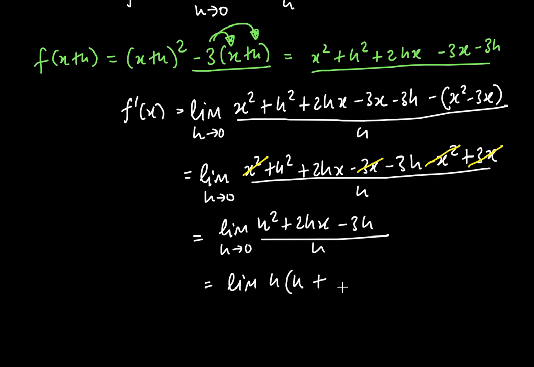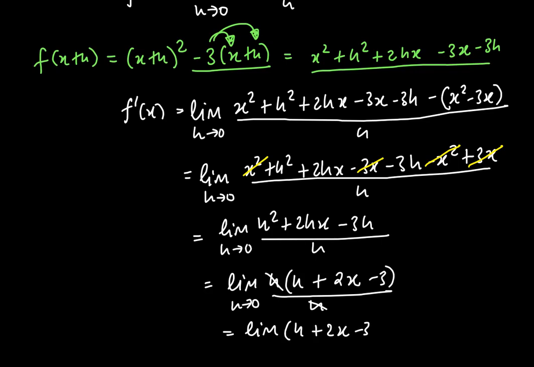I took out h, I'll be left with 2x. I took h, then I'll be left with only negative 3, all divided by h as your h approaches 0. Then this is gonna cancel that. Okay, then what are we left with? The lim of h plus 2x minus 3 as our h approaches 0.